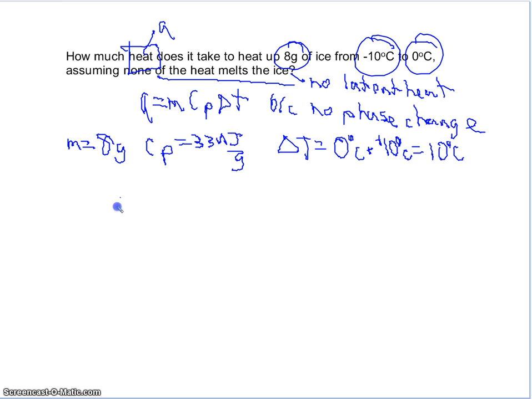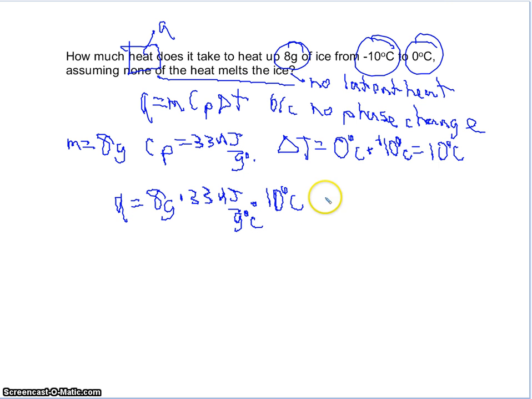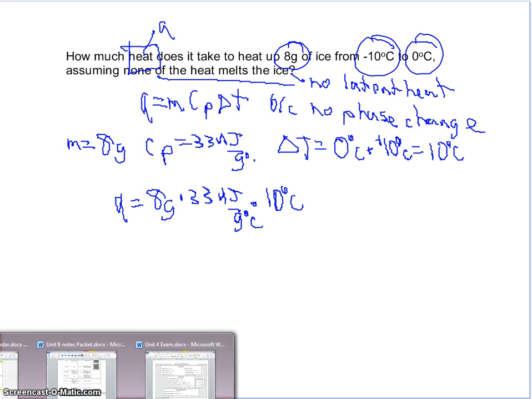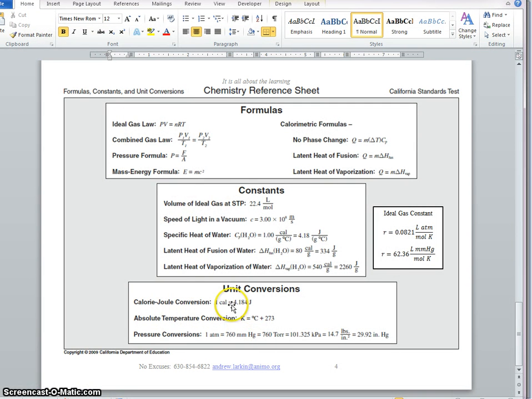Let's plug it in. Q equals 8 grams times Cp, which is 334 joules per gram, times delta T, which is 10 degrees C. Oh, there's a degrees C here. Wait, did I look at the right thing? Cp? Oh no!